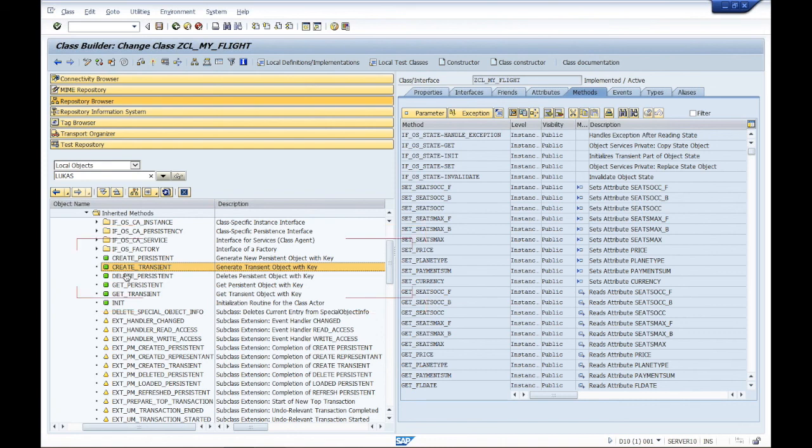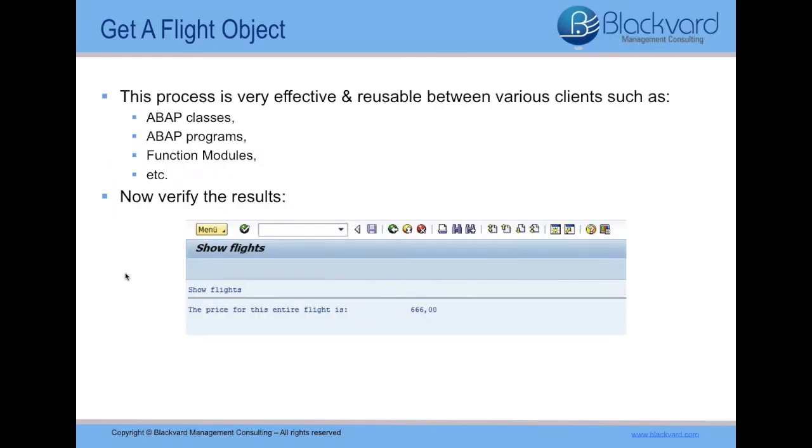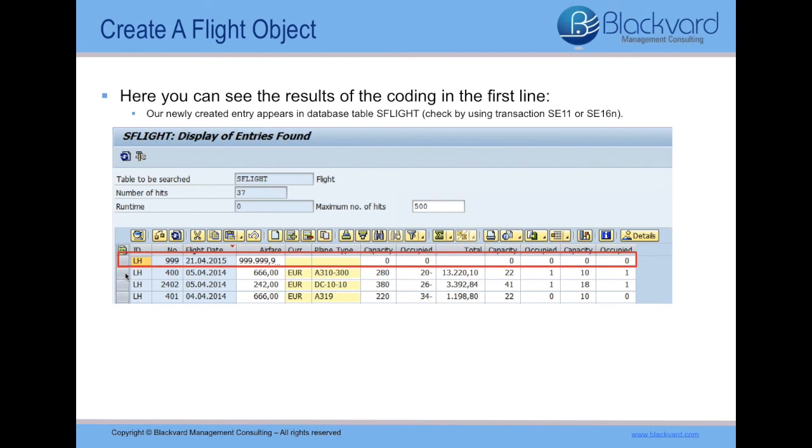You can ensure that your data will be saved immediately by using the commit statement. Let's switch back to the presentation. We have this commit work statement here in the source code in line 21. So only by using this commit work, you can ensure that your data is persisted immediately.